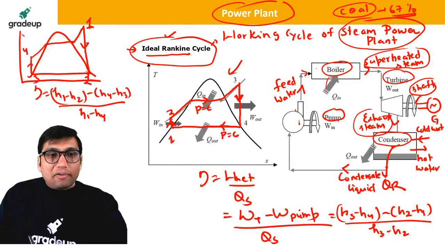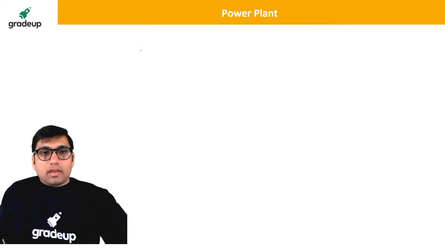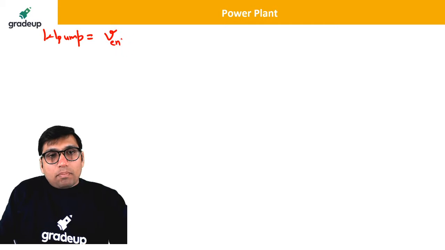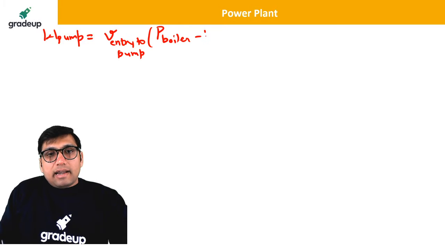So you have to be very careful about how the process has been started. The work of the pump can be found by change in enthalpy, and the work input to the pump can also be found as the specific volume at entry to the pump, times the boiler pressure minus condenser pressure.